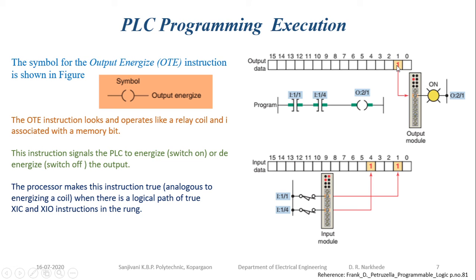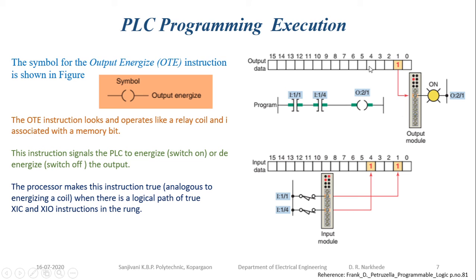You can see that when the value of this one is on, at that time this output coil gets energized. So when both switches are pressed, their input image table bits are updated and your output is going to be energized.